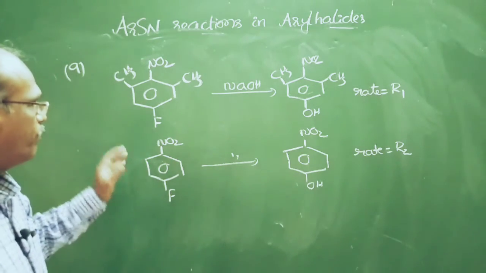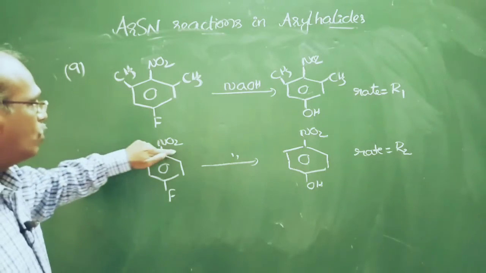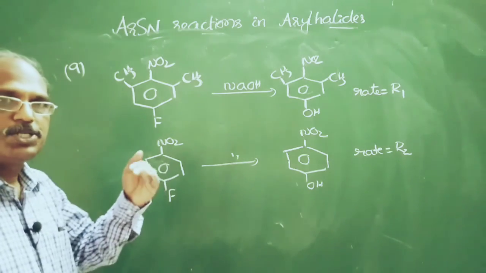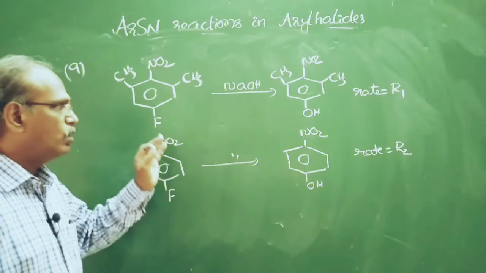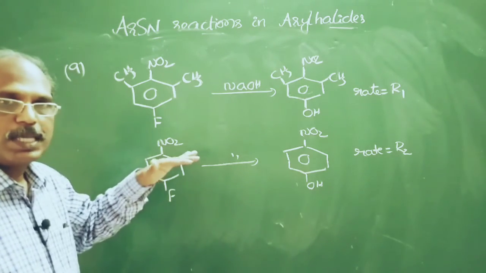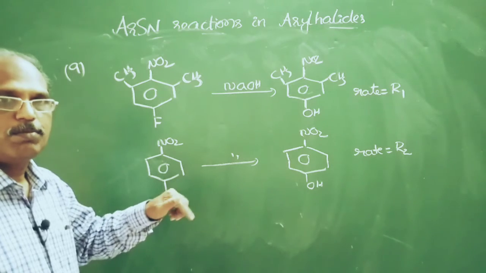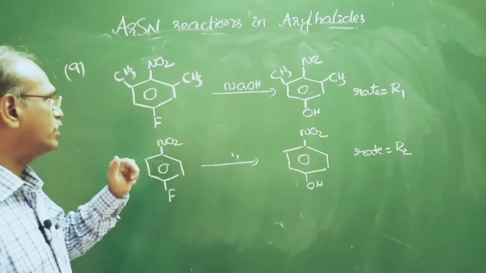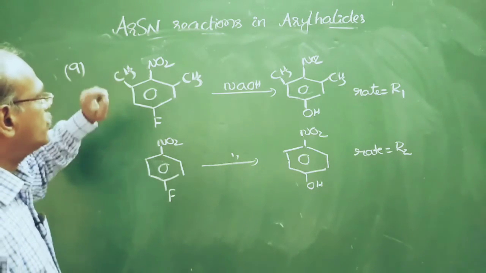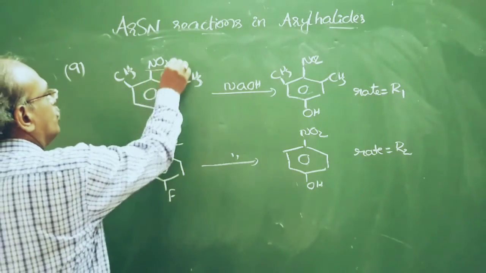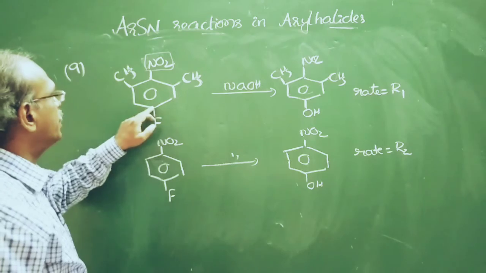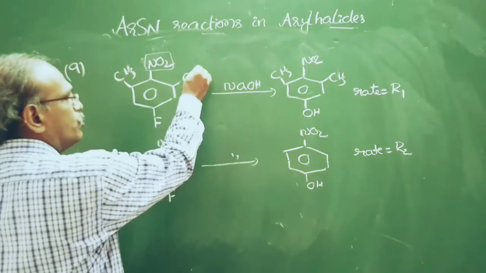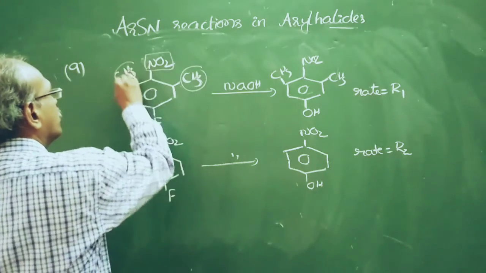That is the question. See, what is the role of NO2? It stabilizes the intermediate carbanion by minus M effect, the minus resonance effect. But if you look at the first one, this NO2 turns out of the plane of the benzene ring because of these groups, due to steric hindrance.